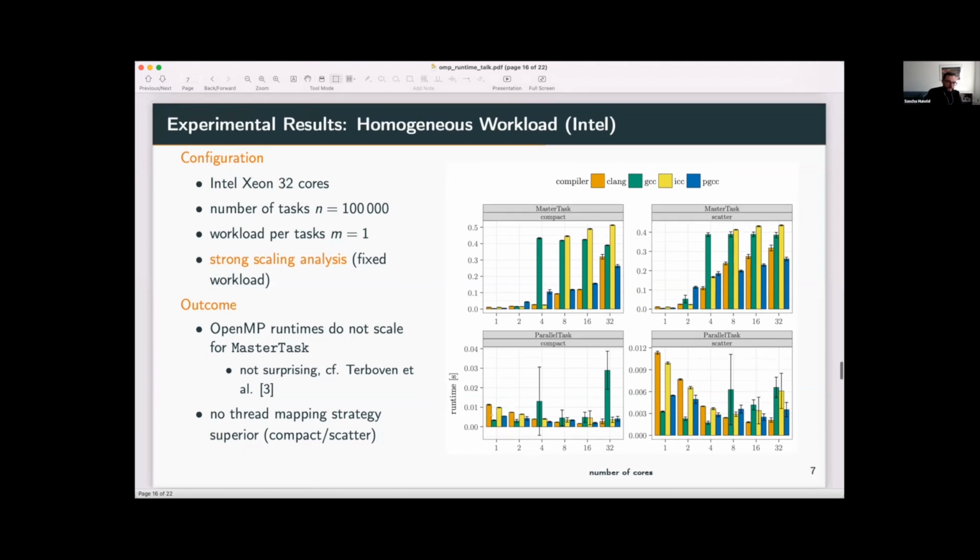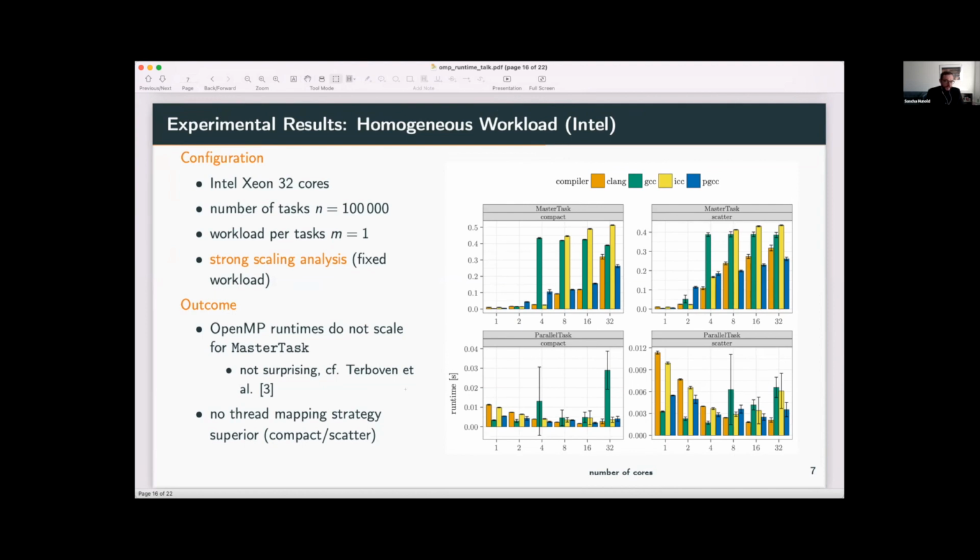For the parallel task, you see that's much faster already, although GCC takes roughly more time than the other compilers for a few of these core numbers. And here it looks like it's scaling a little, although it's a different scaling. So they're probably more or less the same.